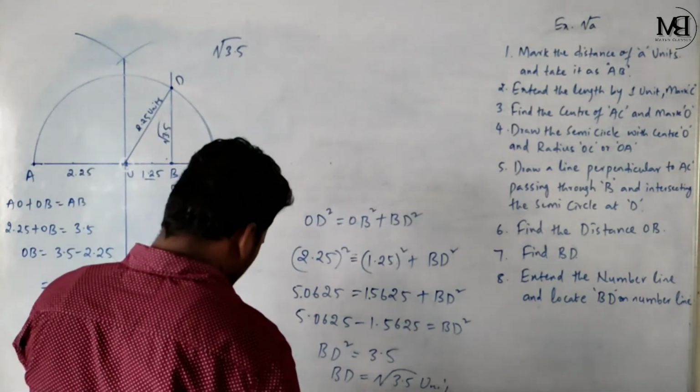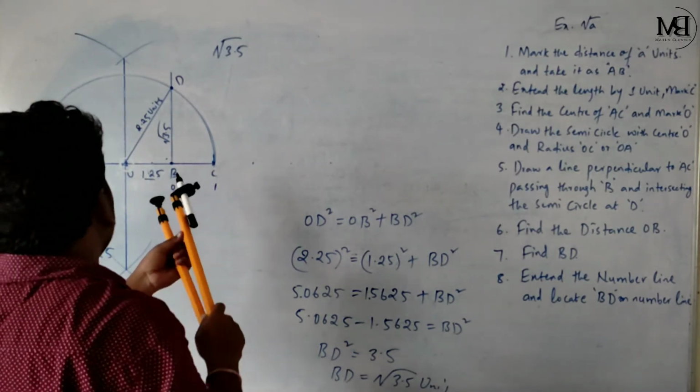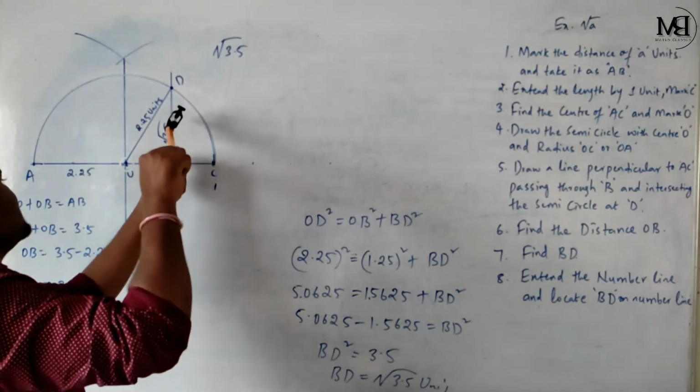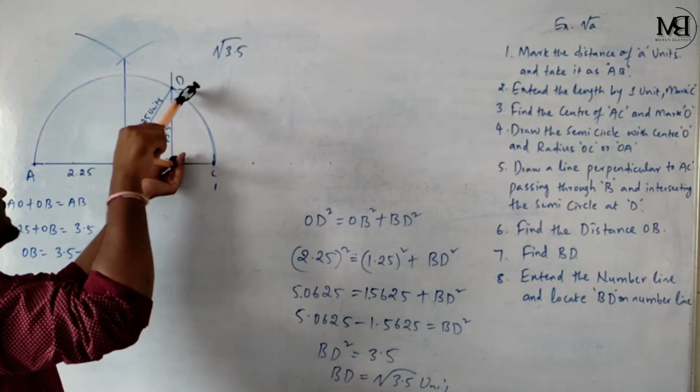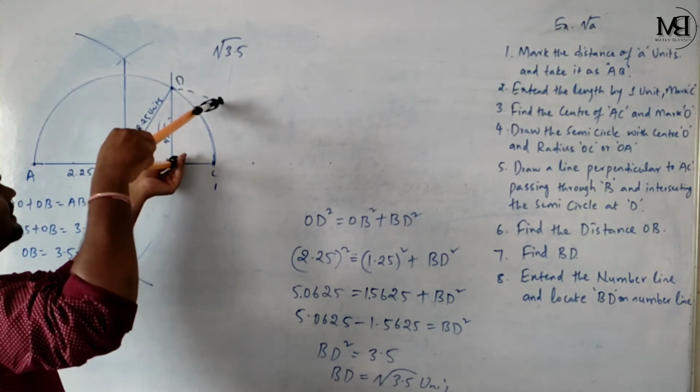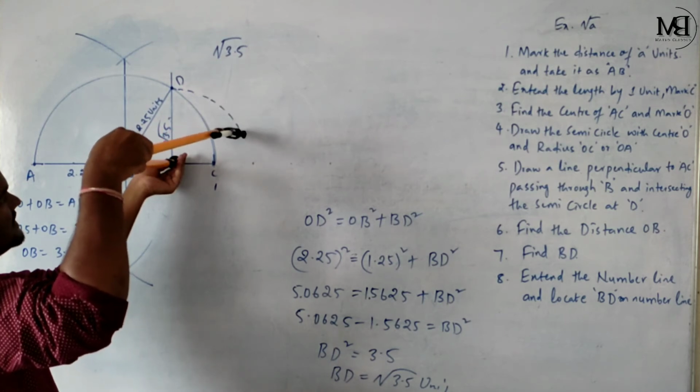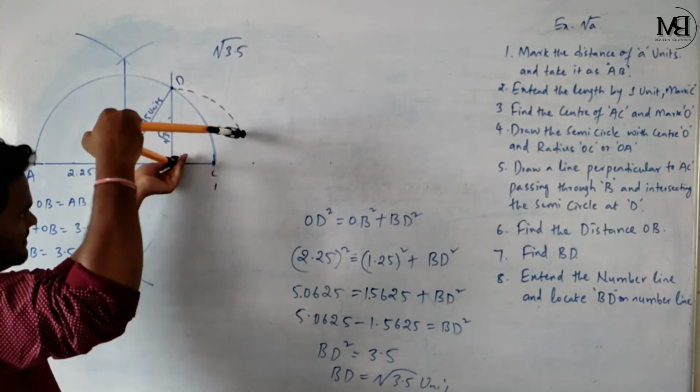Now to locate the irrational number root 3.5, let's take the radius BD, that is root 3.5 units, and draw an arc which must intersect the number line.